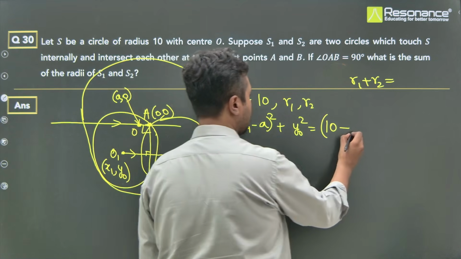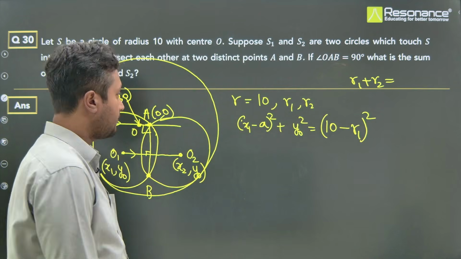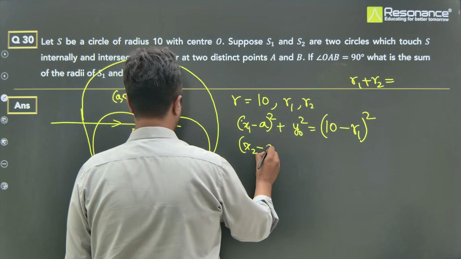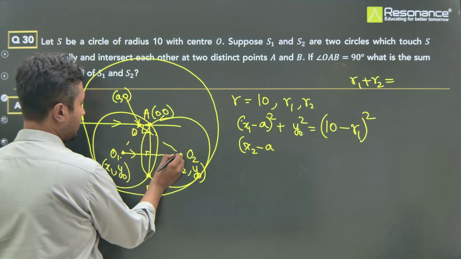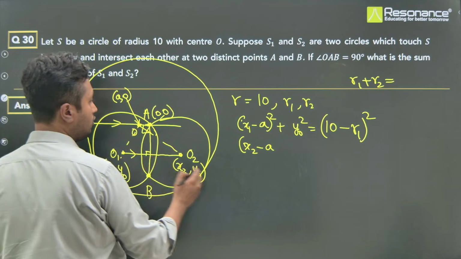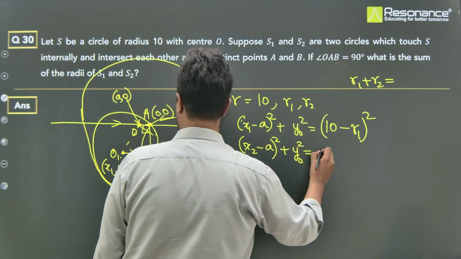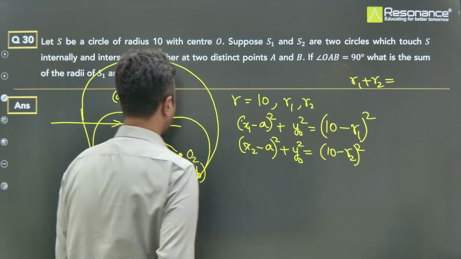That's the first equation. And then similarly, you have x2 minus a whole square plus y0 square must be equal to 10 minus r2 whole square.